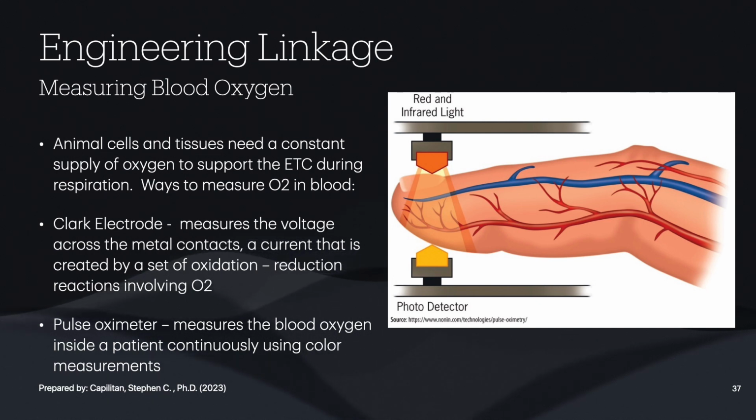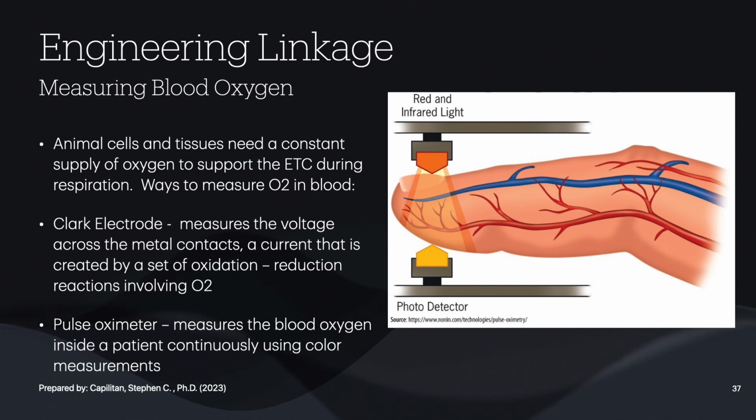First is the Clark electrode, which measures the voltage across metal contacts, with a current created by a set of oxidation reduction reactions involving oxygen. Next, the most common, is the pulse oximeter, measuring the blood oxygen inside the patient continuously using a color measurement. You see a photo of a red and infrared light and a photo detector.